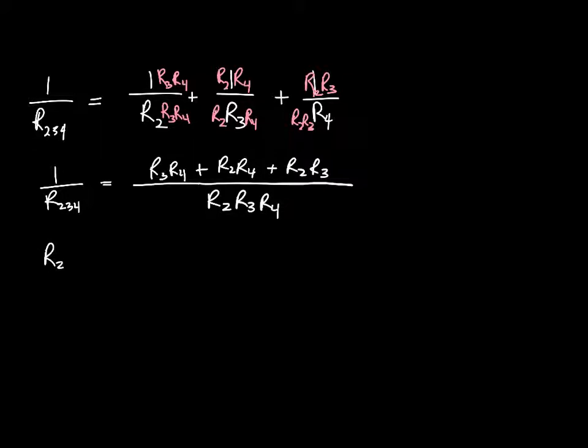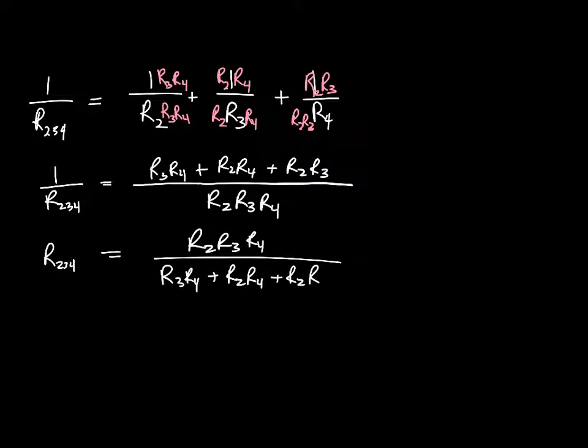So this means R2,3,4, if I flip all of this over, will be R2, R3, R4 over the sum of R3, R4 plus R2, R4 plus R2, R3, which will be 1,000 over, well, each one of these is 100, right?